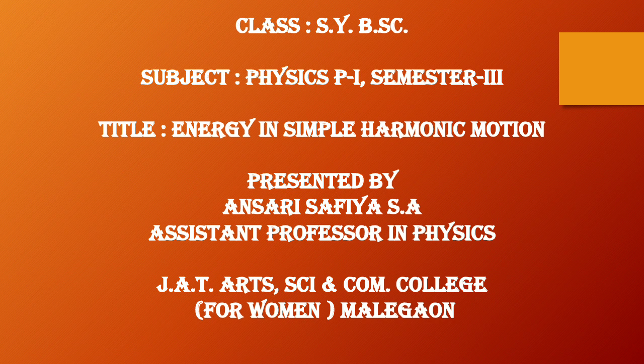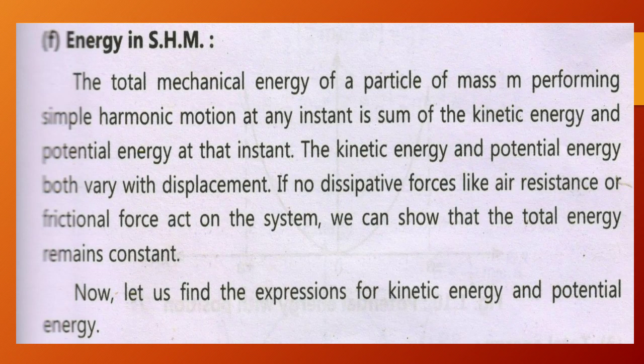Now today we have to study energy in simple harmonic motion. The total mechanical energy of a particle of mass m performing simple harmonic motion at any instant is the sum of the kinetic energy and potential energy at that instant.